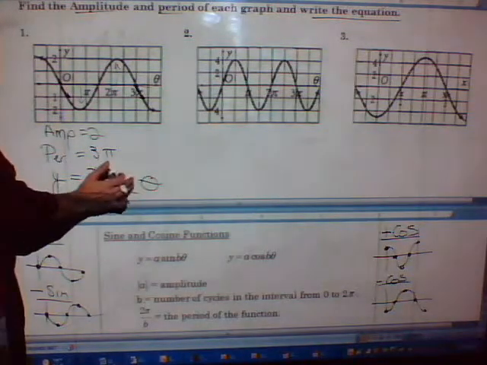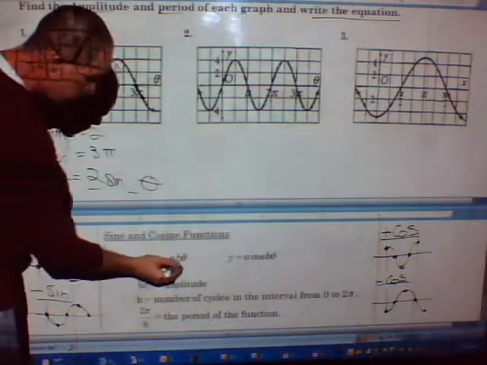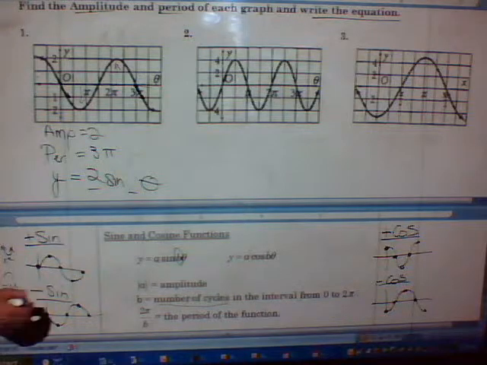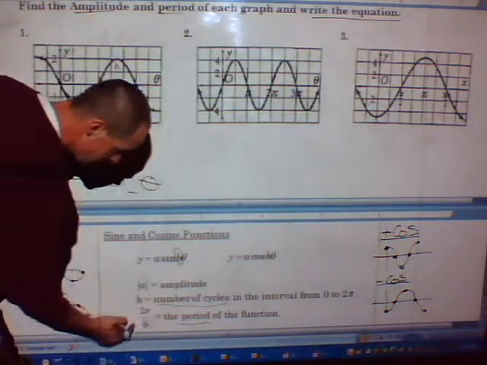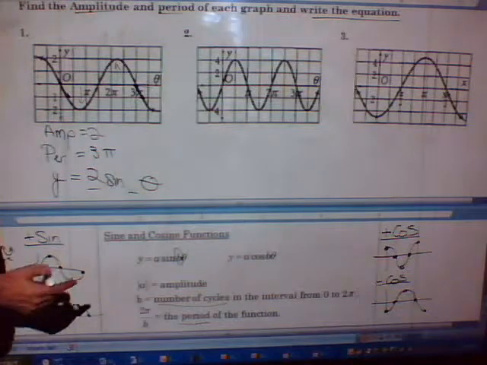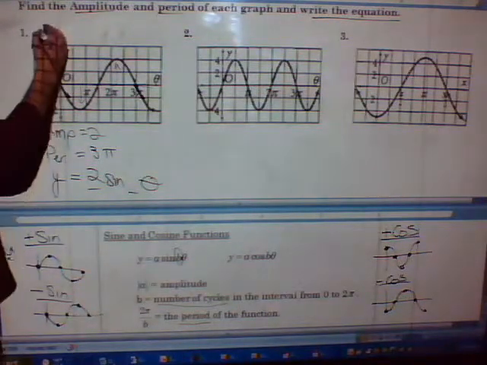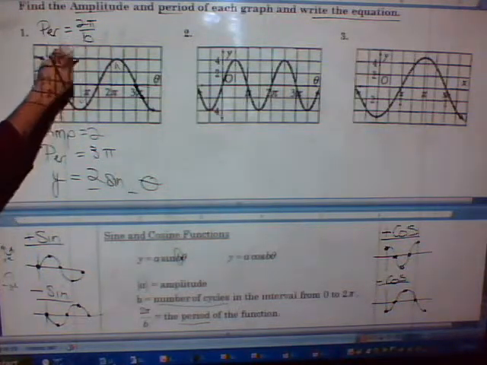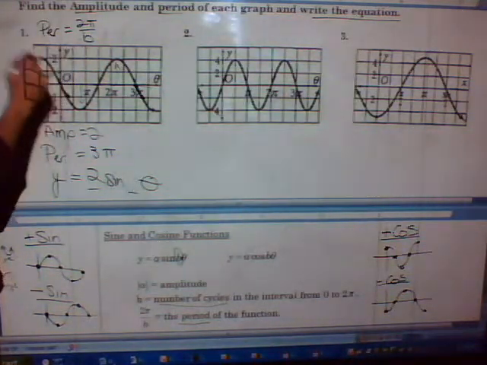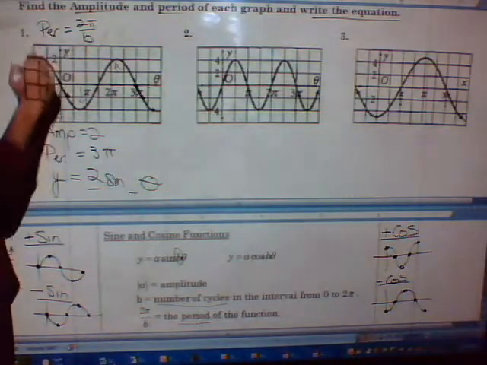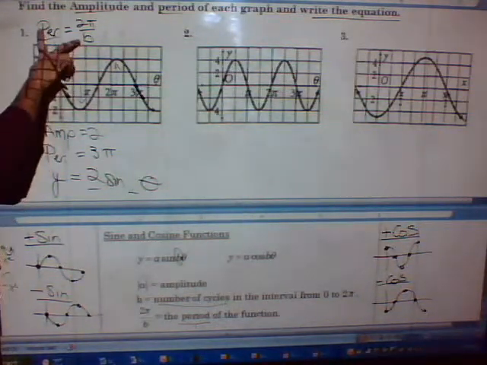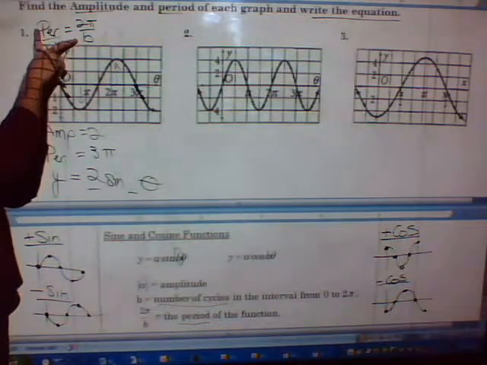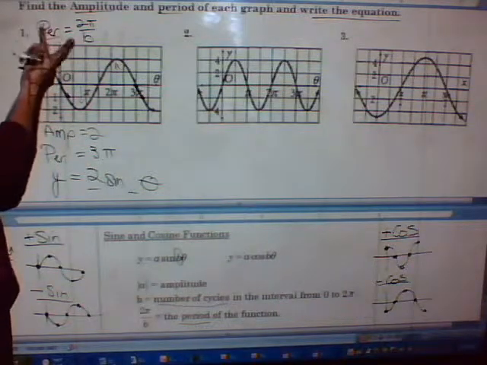Okay? Now, the b does not represent your period. It represents the number of cycles. So we know that the period is equal to 2 pi over b. Well, if we know what the period is, then we should be able to solve for b. If this was a proportion, these two values would get multiplied together, so it really doesn't matter where they're at, so we could just interchange them.